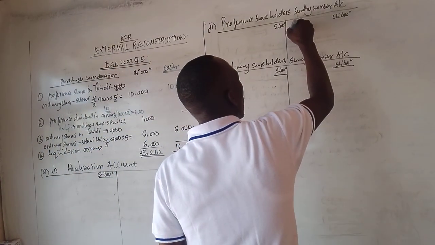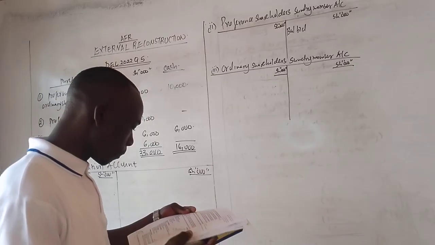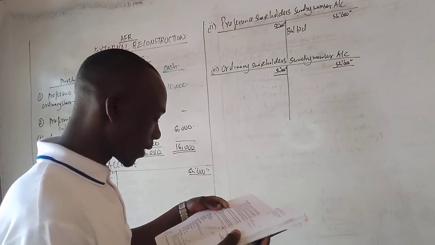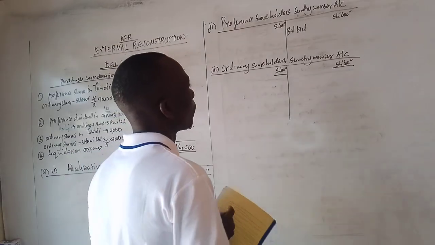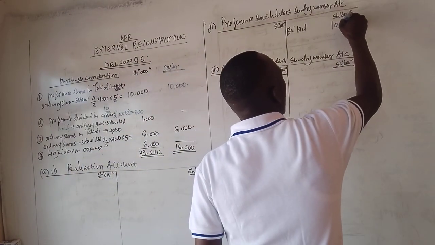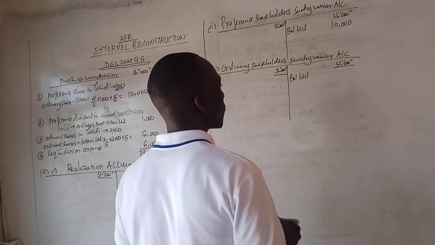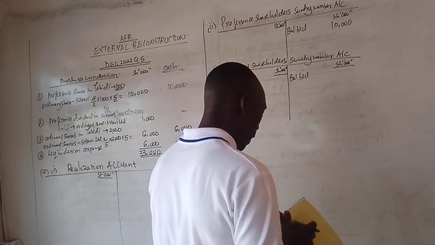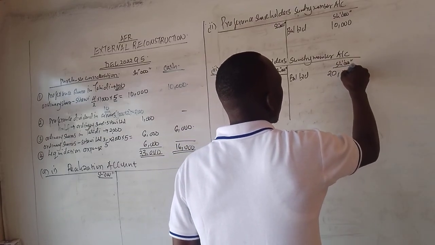So here we are going to have the balance brought down. Balance brought down was how much? You go to the statement of financial position, and the balance brought down for that is given as 10,000. Then here we can put our balance brought down again. The balance brought down here is how much? Ordinary shares, statement of financial position, 20,000.